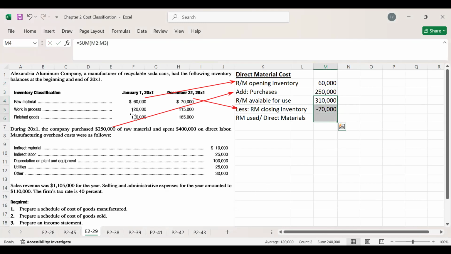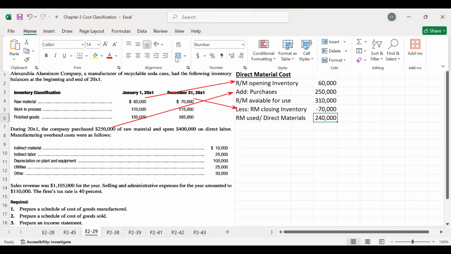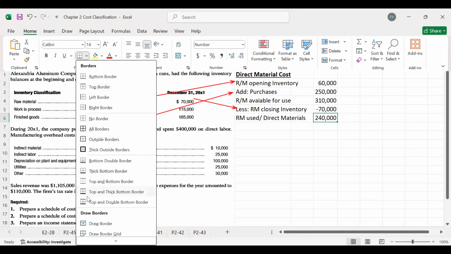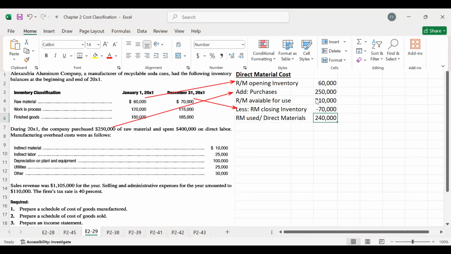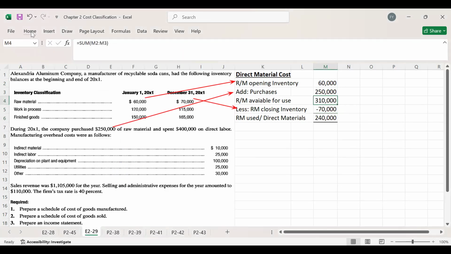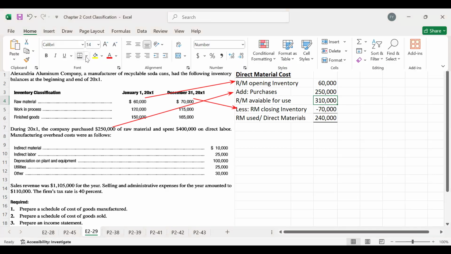So the raw material use would be $240,000. So this is our first working or first calculation.